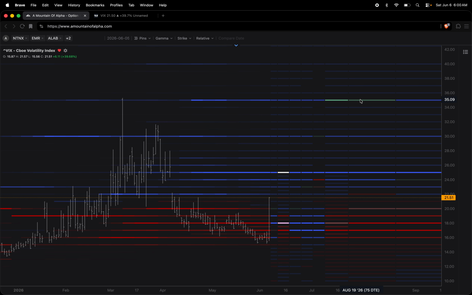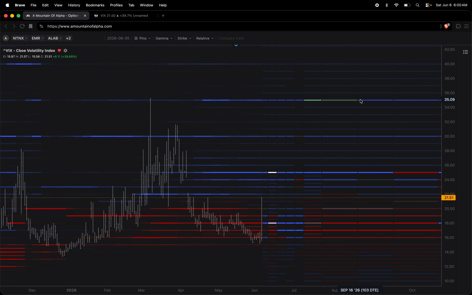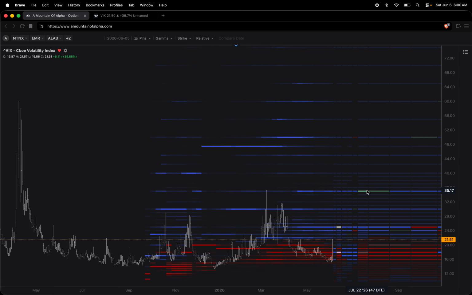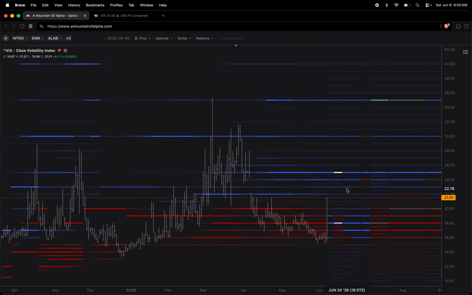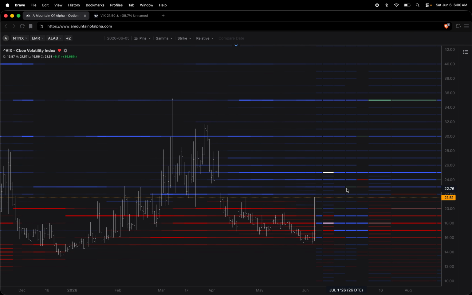So 35 looks like some area that if we really did get a really big gamma squeeze in vol, so that'd be vol of vol, then 35 would be kind of a zone in which you would start looking to add to positions. Okay, so when you're down here, you're very cautious about adding to positions, especially if the spread is overhead. If the spread is lower, you're fine. It doesn't matter. Stay the course. And when you're up here, you're looking to add to positions.